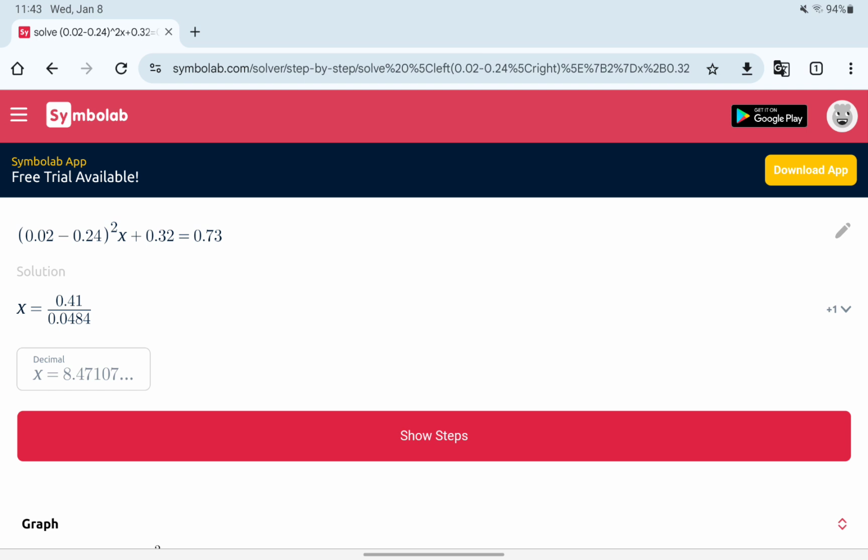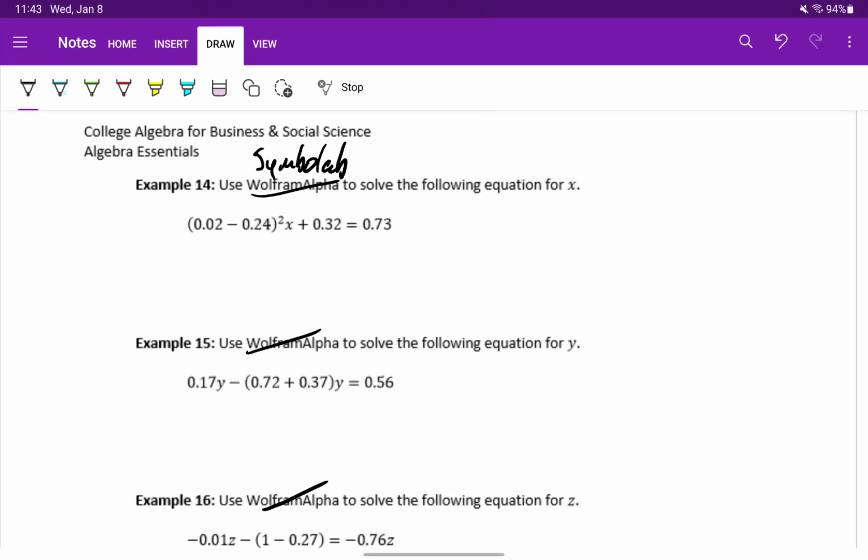Generally, when Symbolab gives an answer in decimal form, it usually gives 5 decimal places, and that 5th decimal place isn't rounded, it's just telling you that those numbers keep going. So we can look at that 7, which is the last digit it's giving us, which tells us we would round that 0 up to a 1, giving us a solution of approximately 8.4711.